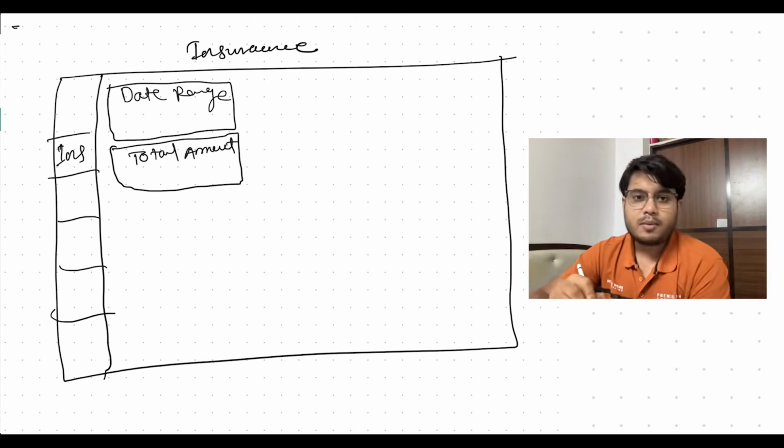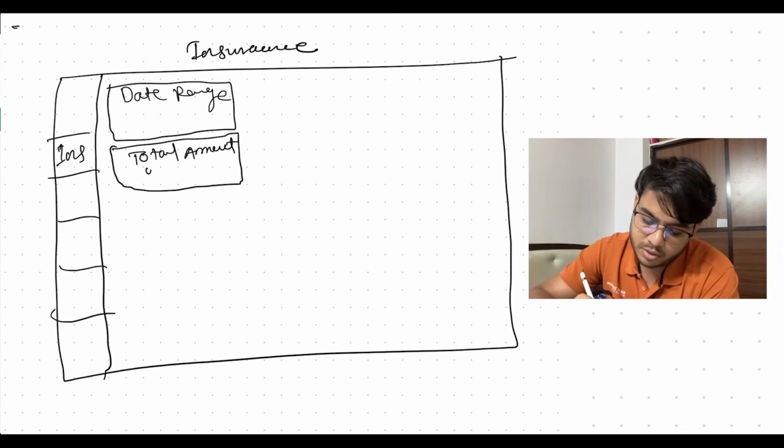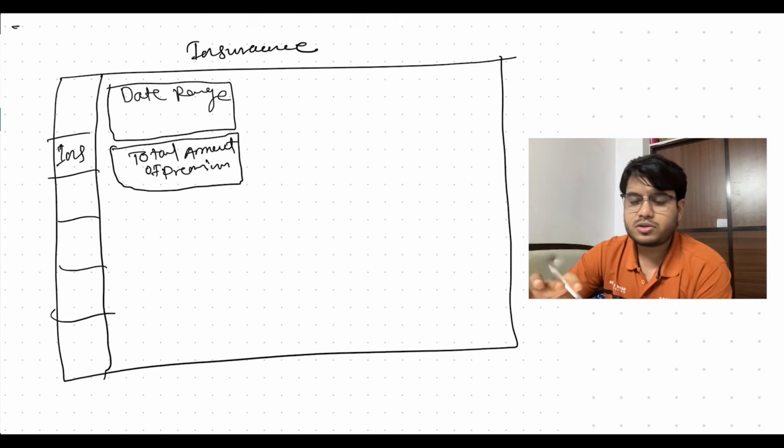You can add total transaction also, but I am adding here total amount of premium. Premium means the cost of that insurance, the monthly payment, so that we are adding.